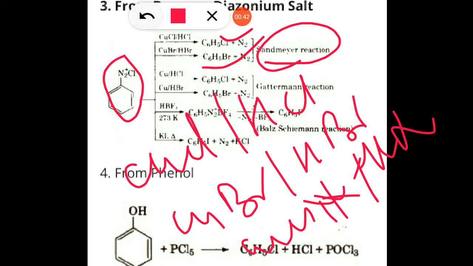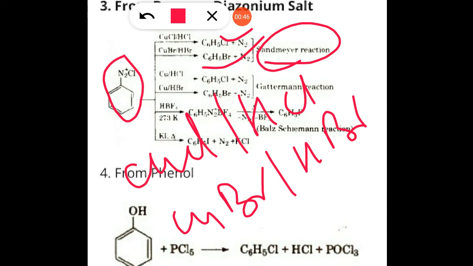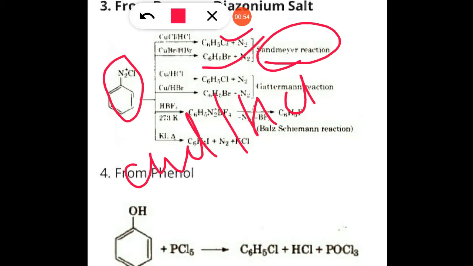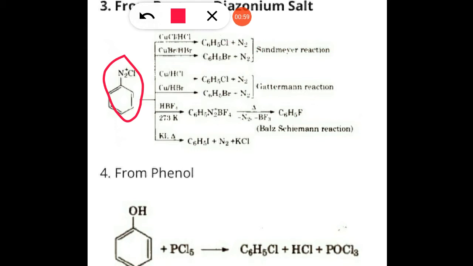This is used to prepare chlorobenzene, bromobenzene and cyanobenzene, right? In this way, diazonium salt is converted into chloro, bromo and cyanobenzene. That preparation is known as the Sandmeyer reaction.